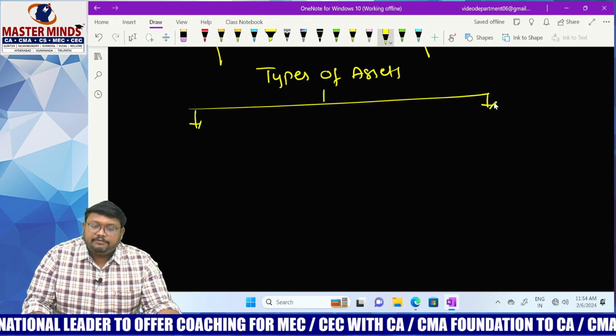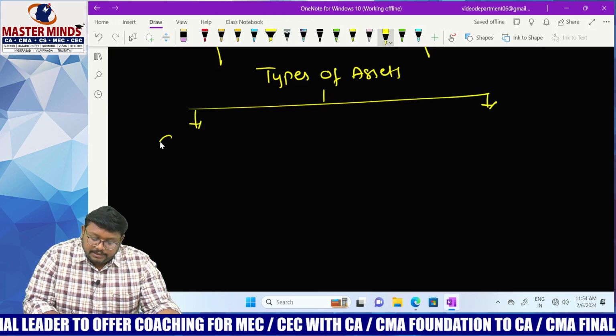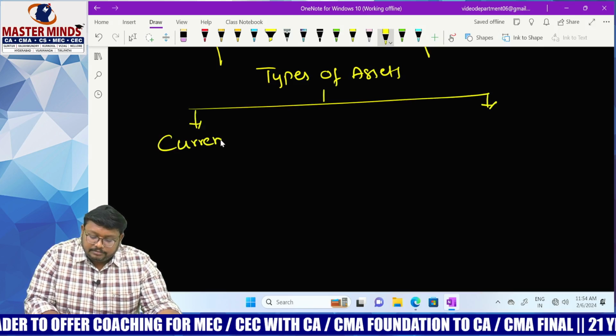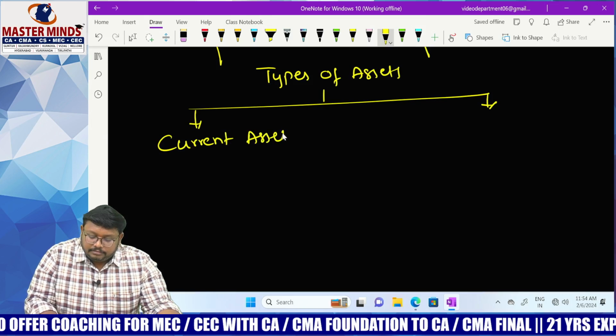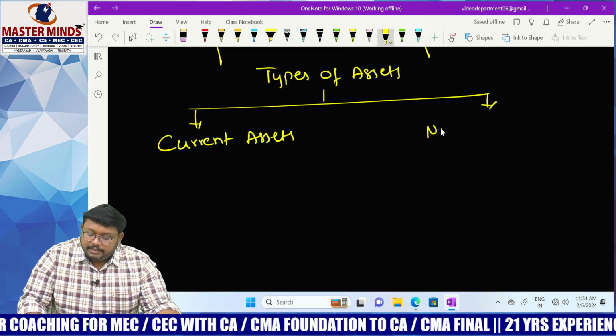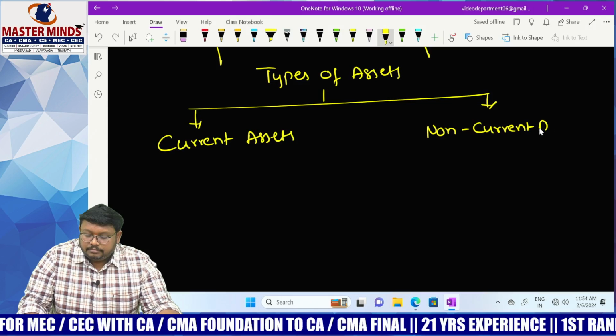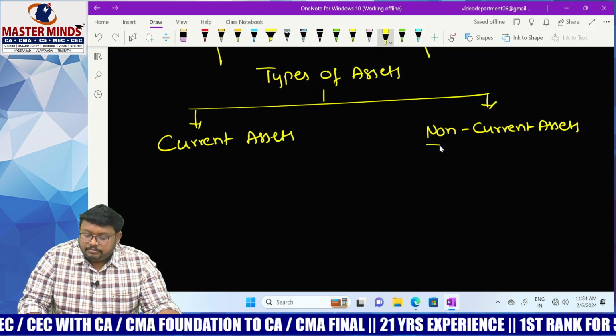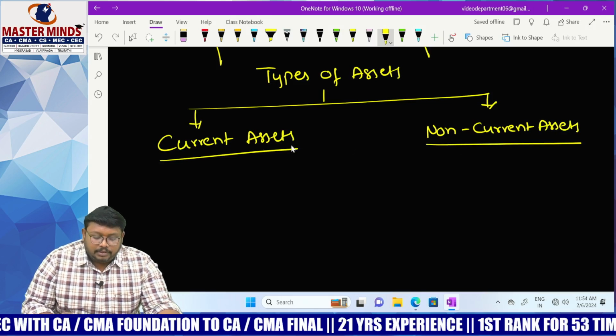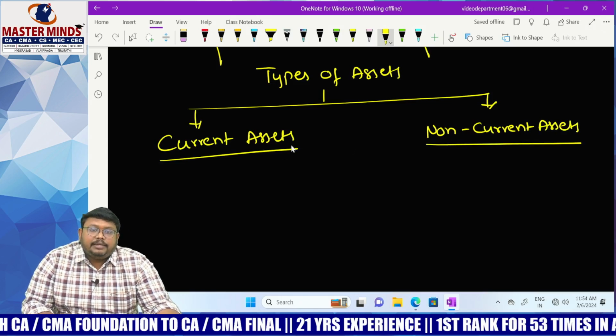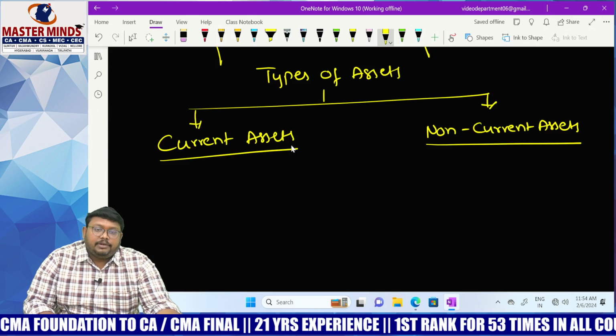Majorly the assets are classified into two types. Already you know these assets: current assets and non-current assets. What is meant by current asset? What is meant by non-current asset? We are going to discuss.